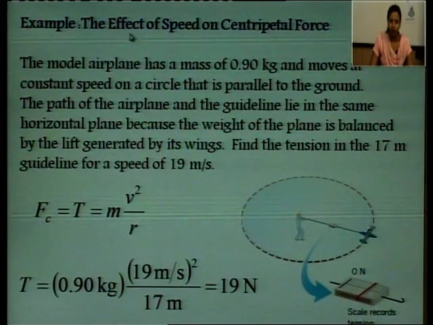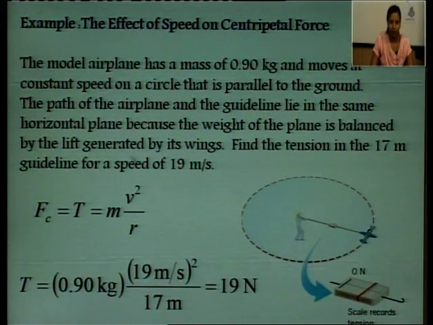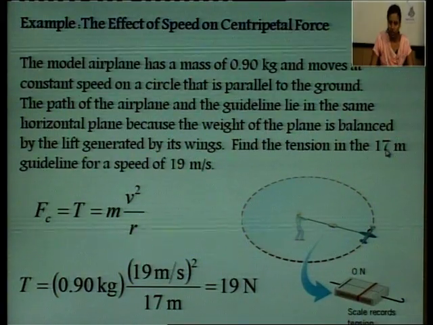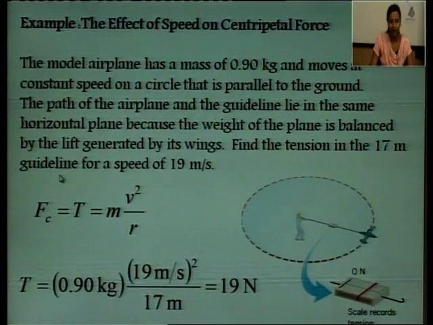So next we come to know the effect of speed on the centripetal force. Here a mass of 0.9 kg moves at a constant speed on a circle that is parallel to the ground. We are given that tension is 17. Find the tension in the 17 meter guideline for a speed of 19 meter per second. This is very simple.